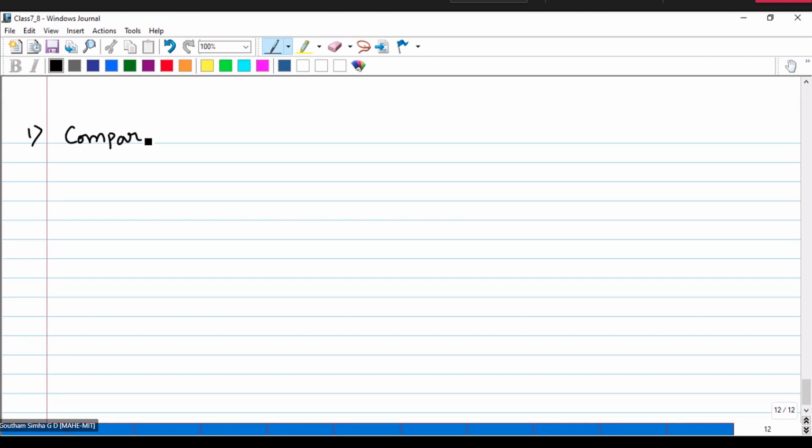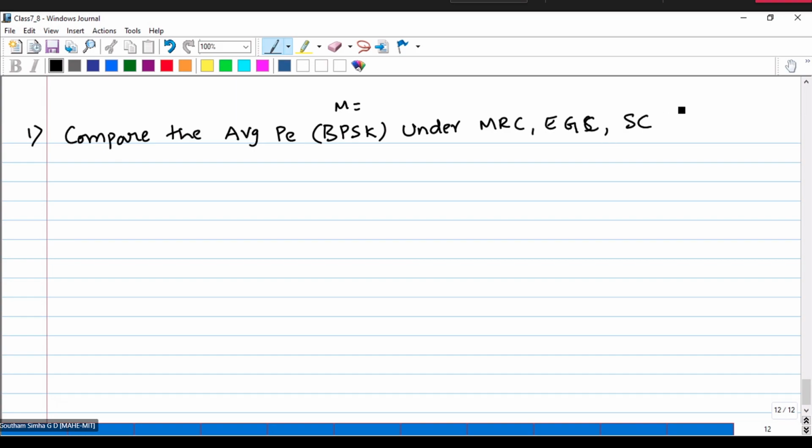Compare the average probability of error, the bit error rate, using BPSK as the constellation, that is M equal to 2, under MRC, EGC and SC combining techniques with MR equal to 2. Assume two branch diversity.